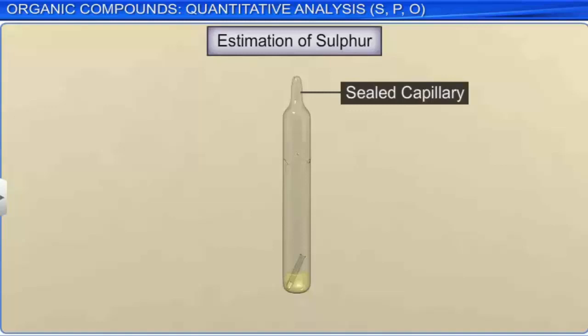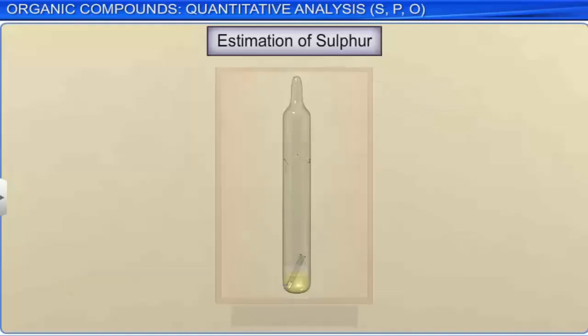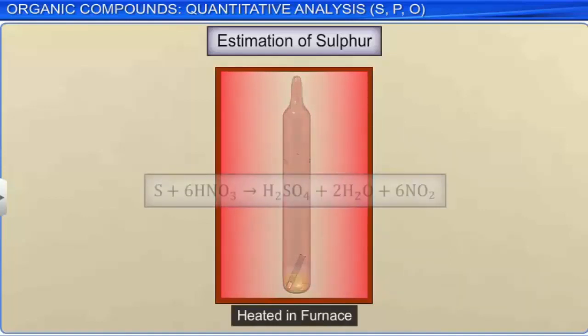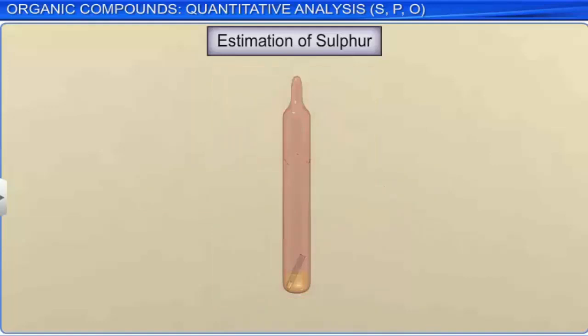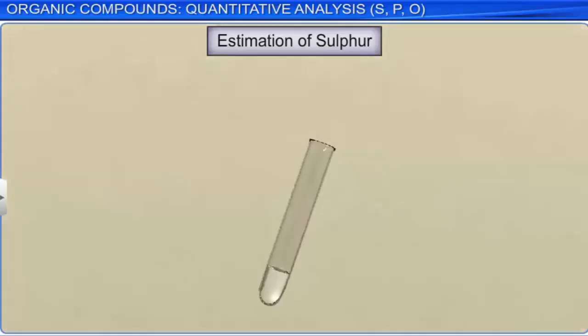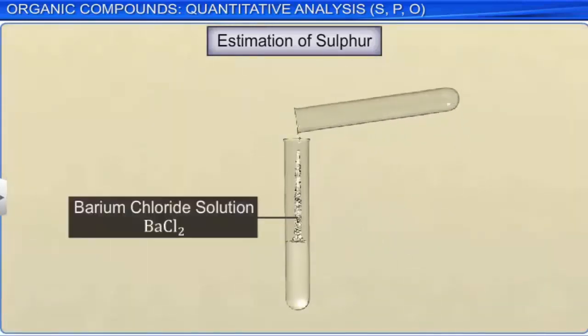To estimate sulfur present in the given organic compound, a known mass of the organic compound is taken in a Carius tube and heated with sodium peroxide or fuming nitric acid. The sulfur present in the compound is oxidized to sulfuric acid. The acid is cooled and treated with excess of aqueous barium chloride solution.